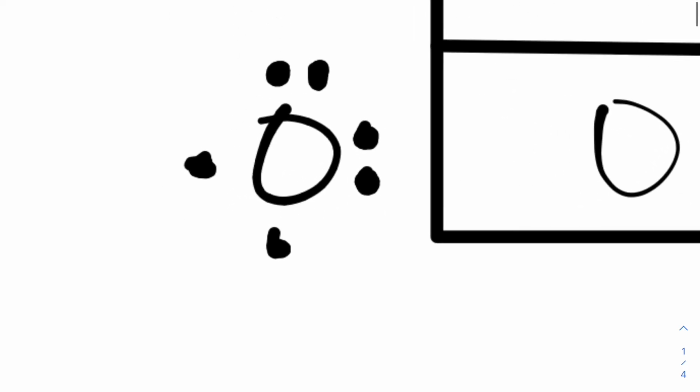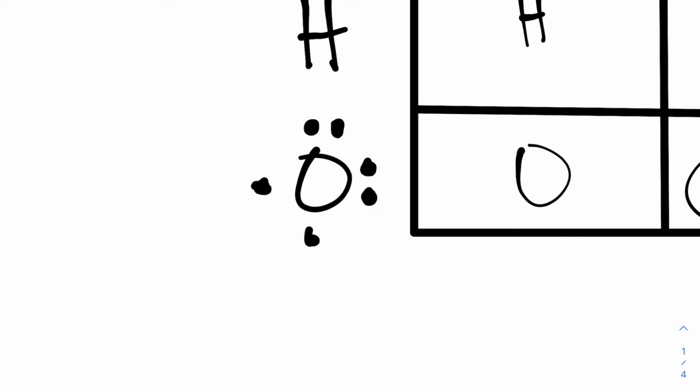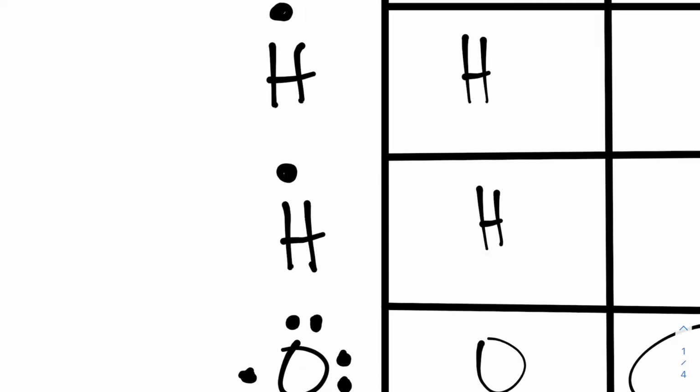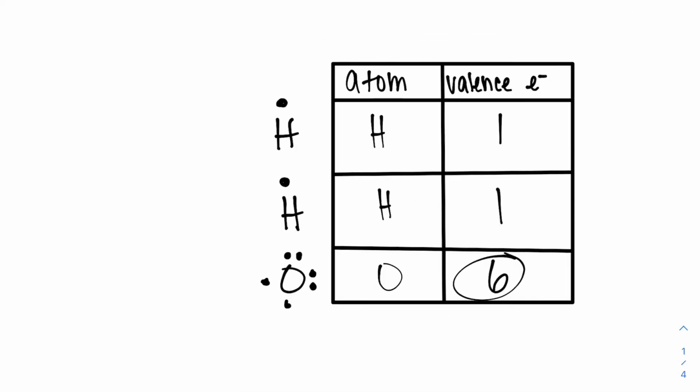If we look just at oxygen, oxygen has 6 valence electrons, but it wants 8. Remember that octet rule. So it's going to need 2 electrons to fill in and get it to 8. Hydrogen, remember, wants to have 2 electrons. So each one of these hydrogens is going to be able to gain 1 electron in a covalent bonding process.